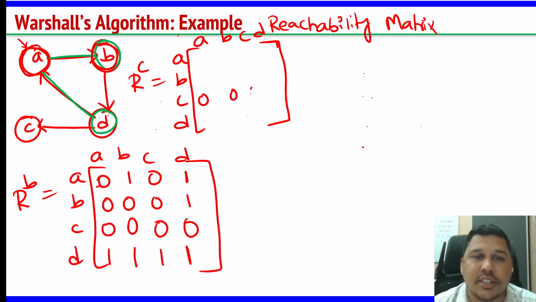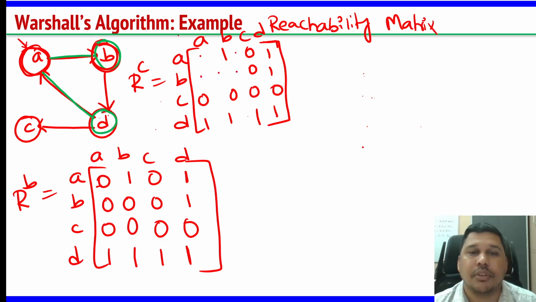We cannot change this, and this one is 0, 0, 1. And wherever there is 1, we need not worry, because there is already proof that a path exists. Only these 3 I have to find out using C.